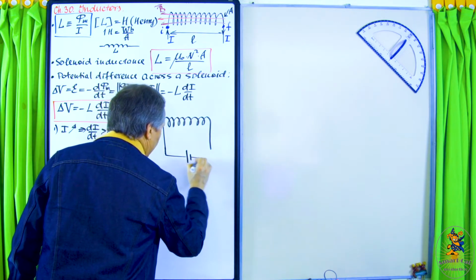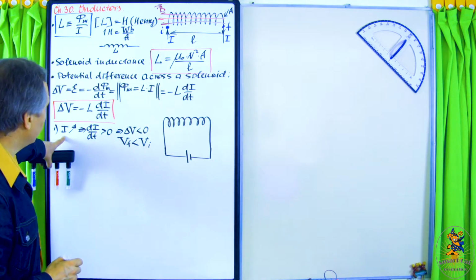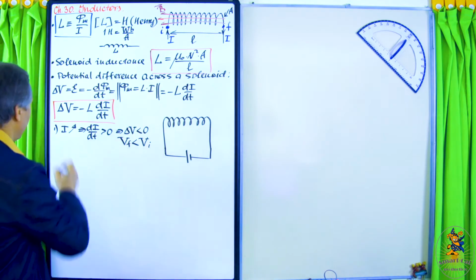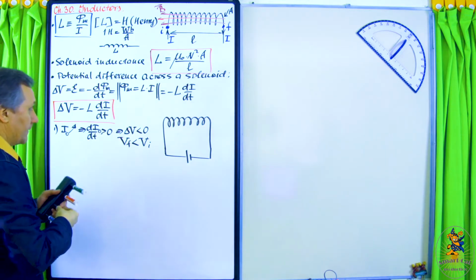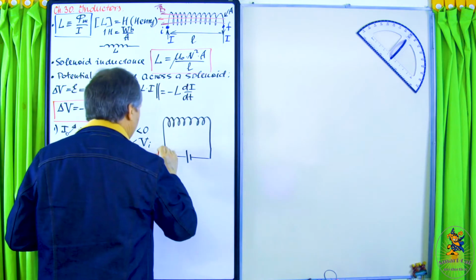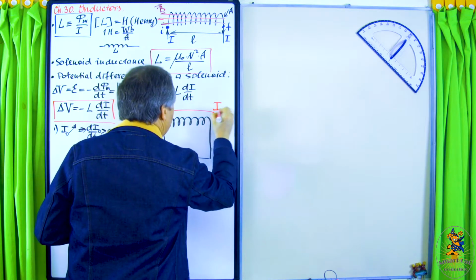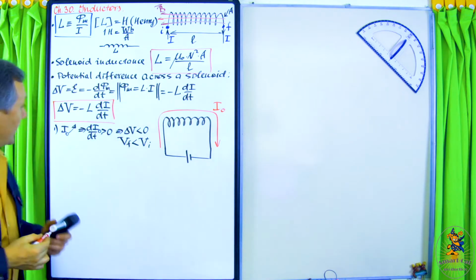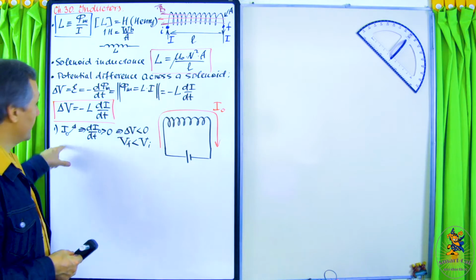And let's assume that this is a battery which drives this original current. Maybe I can put sub-zero. So this original current, this is I naught. And this current driven by this battery is growing.